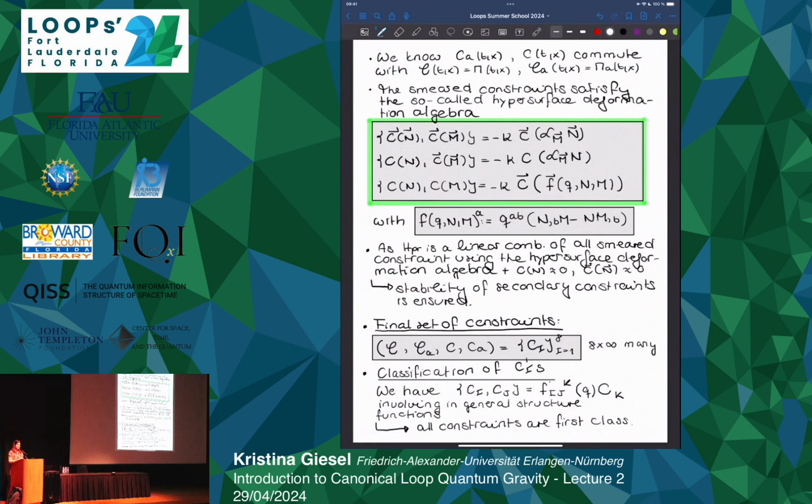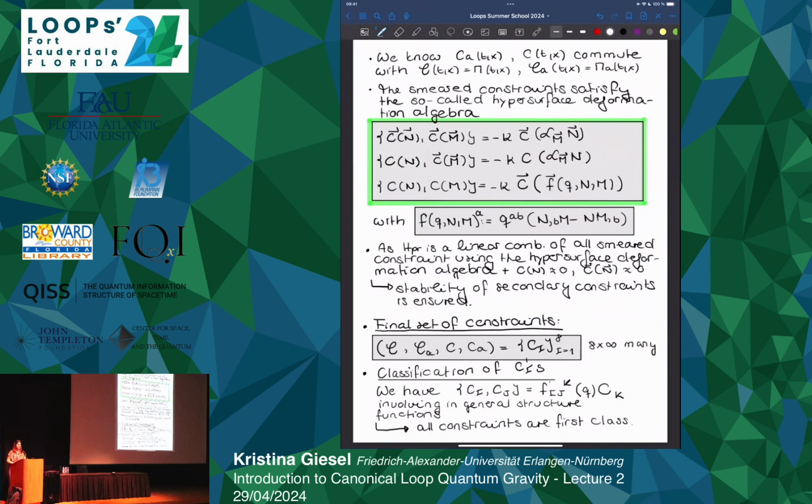And this means the Dirac algorithm ends here, and we can write down our final set of constraints consisting of the 4 primary C and C^A, the 4 secondary curly C and curly C^A, and the 4 secondary C and C^A. This I will just denote as C_I, where we have 8 times infinitely many constraints here, so I runs in this case from 1 to 8.